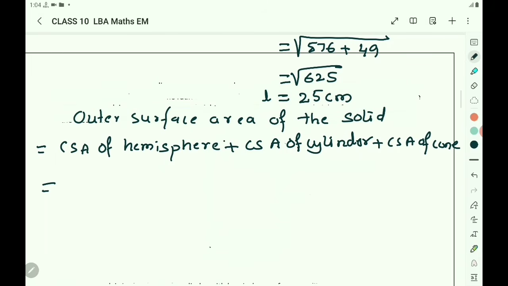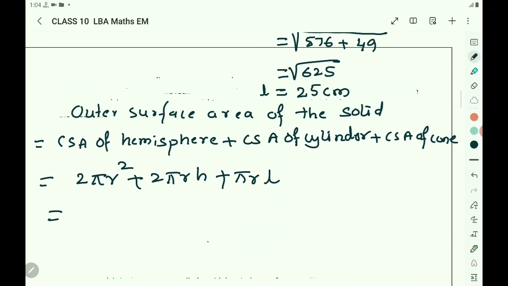Write the formula for each. CSA of hemisphere is 2 pi r square, plus CSA of cylinder is 2 pi rh, plus CSA of cone is pi rL.